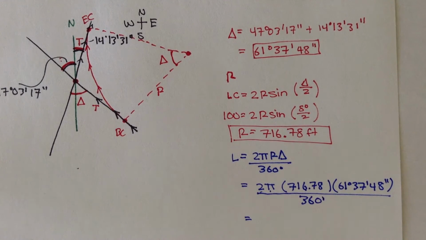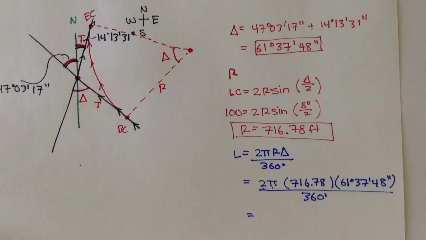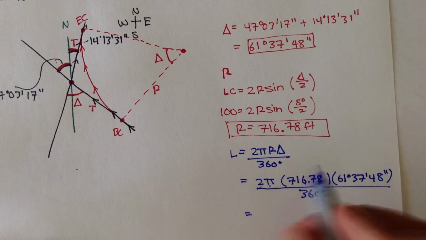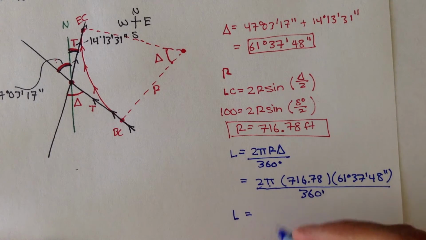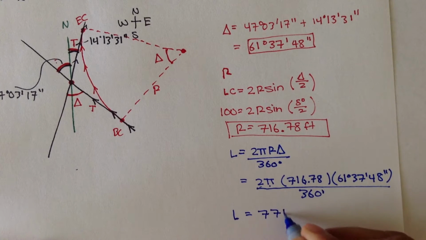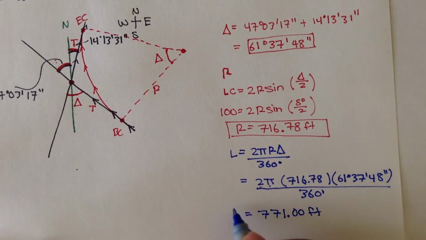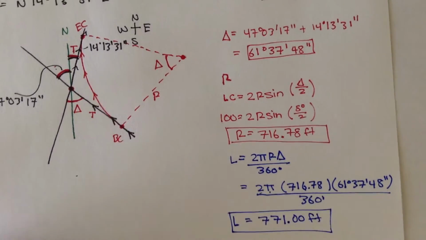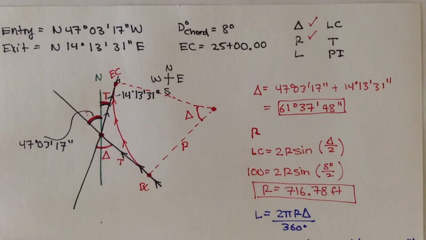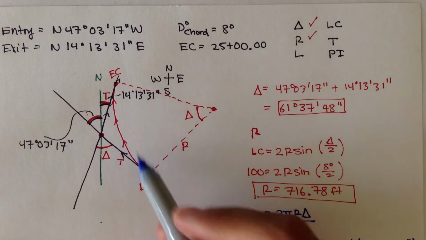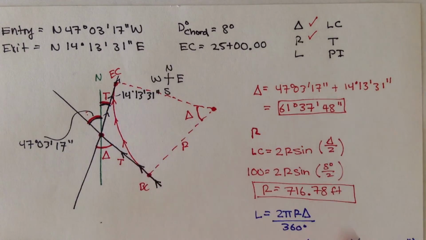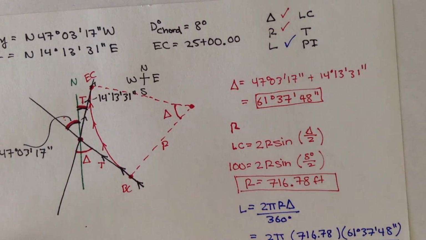Okay, so if we work our calculator magic, we get L is equal to 771.00 feet. So that's the length of our curve. That's the length from BC to EC along this red curve. Okay, so we figured out what L is.